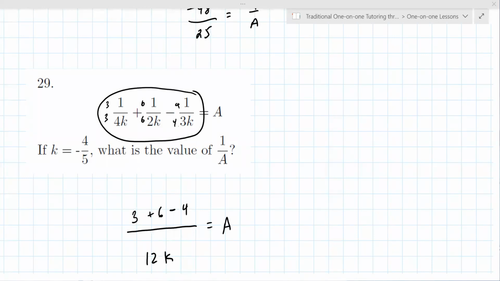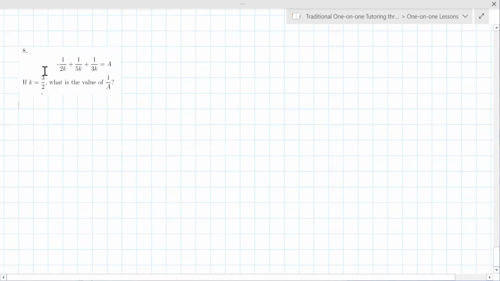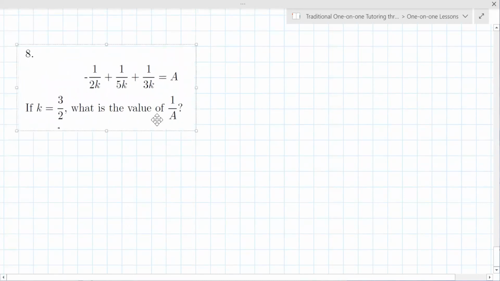See if I can find one of those real quick. Yeah, I guess we'll try this one. Okay. All right, so give this one a try, and I'll check back with you in a moment.